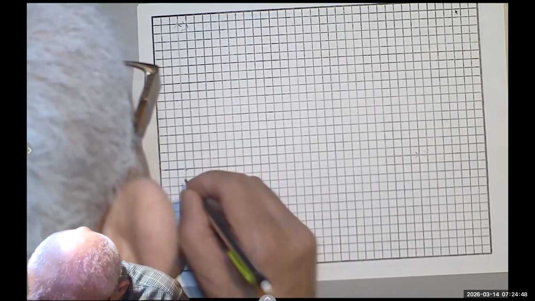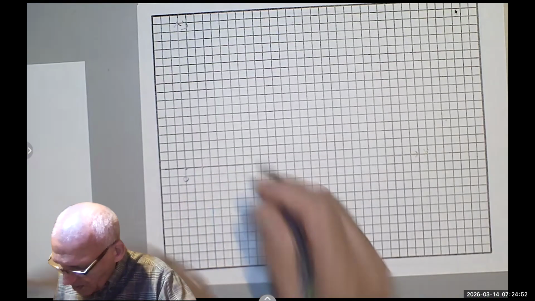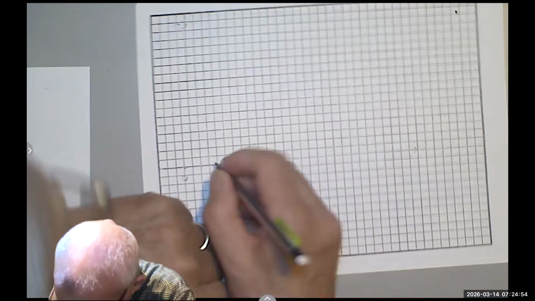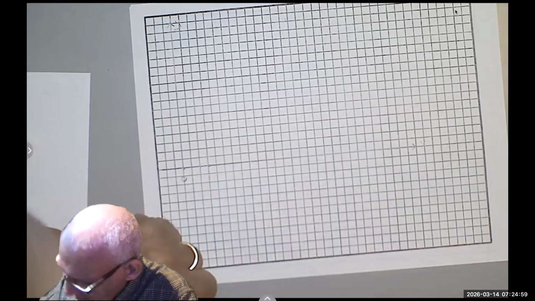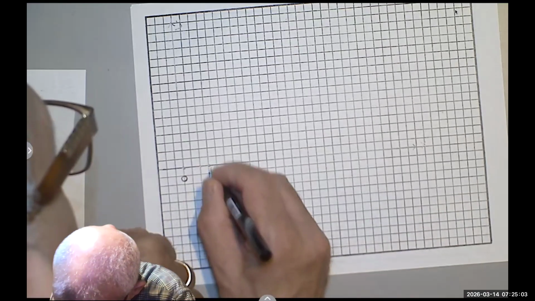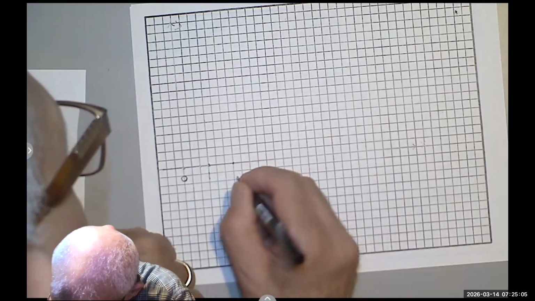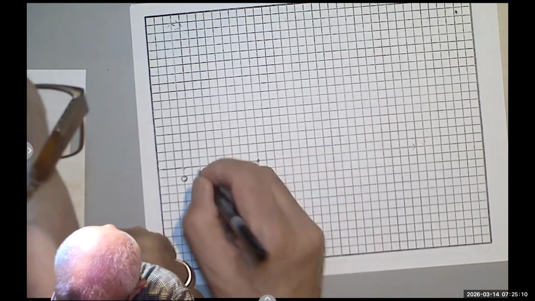So here x is 0, here x is 1, or let's make 1 here. Let's write it darker with a pen. 2, 3.